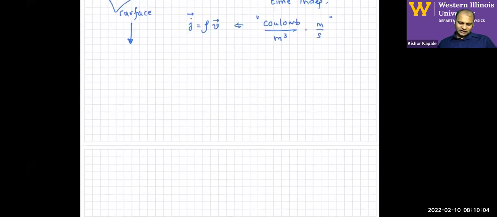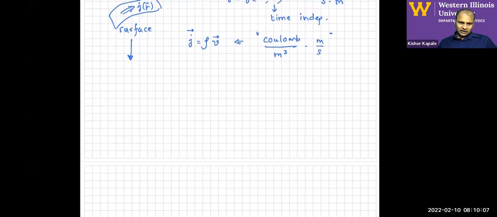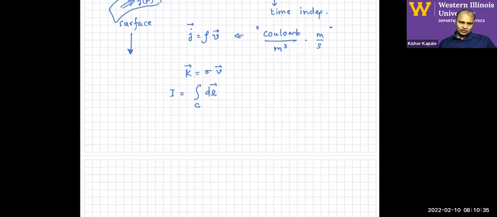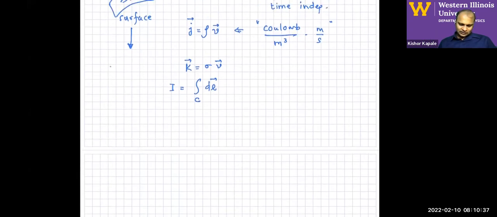Now you can have surface currents like I showed you here in the diagram, where you have a surface charge density moving with a velocity vector v. So you have a surface charge that's moving. In that case, the current is defined through a line integral, dl, along a certain contour or a loop that you choose over this surface. So let's draw a little picture here.